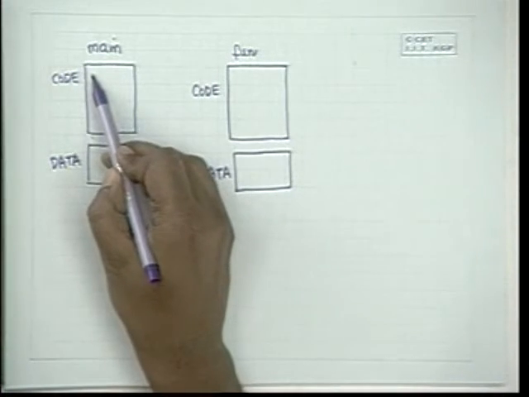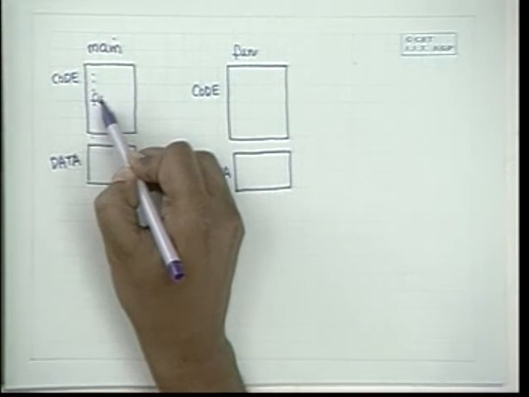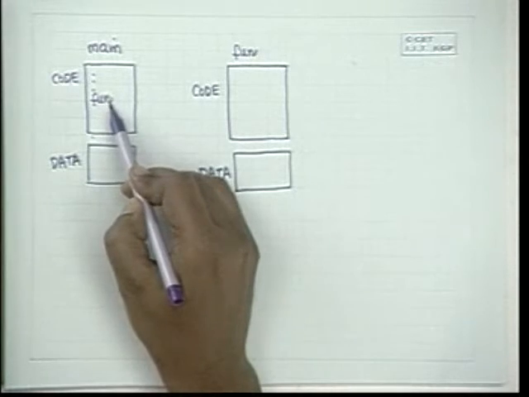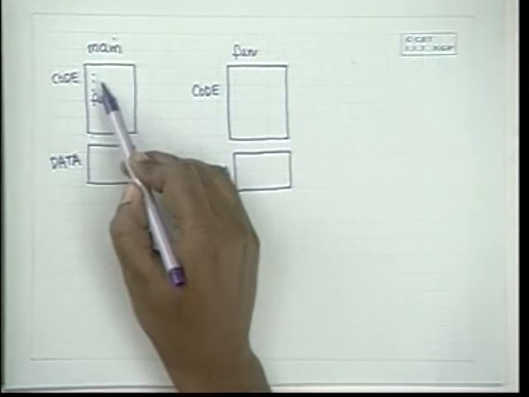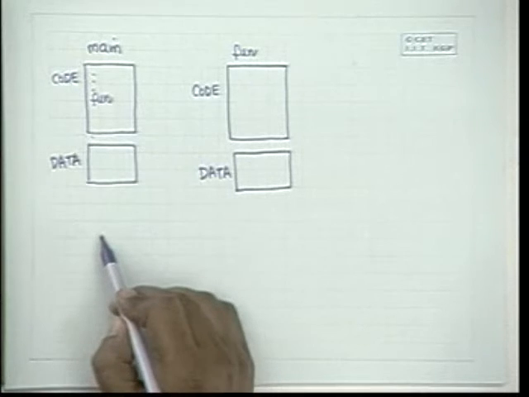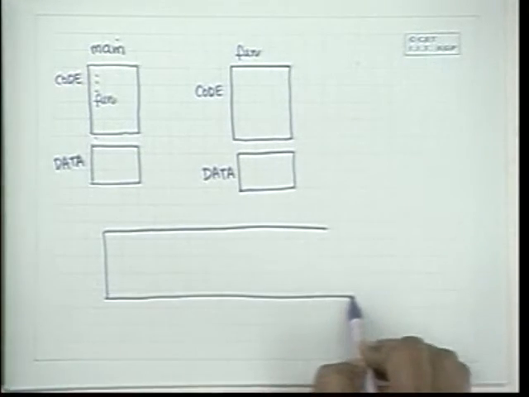So in the beginning it will start executing from the main program, and maybe here there is a call to fun. Now as soon as there is a call to fun, so initially when it starts executing in the main program, there is a dynamic data segment which is created.